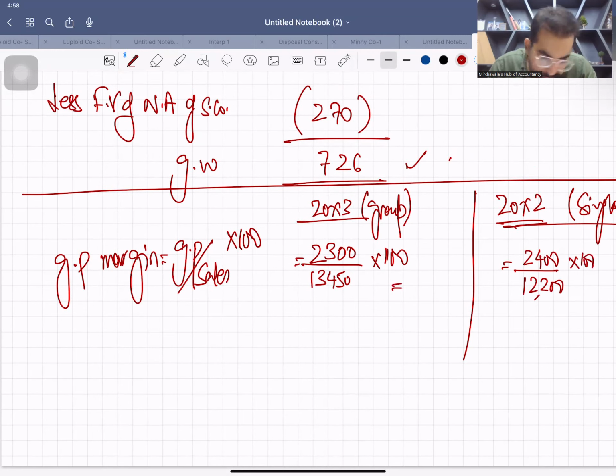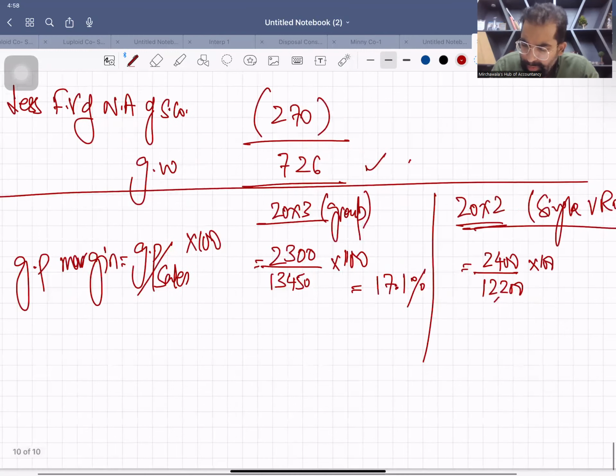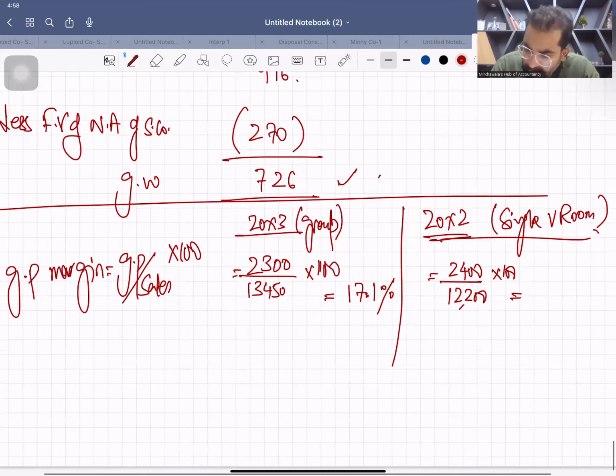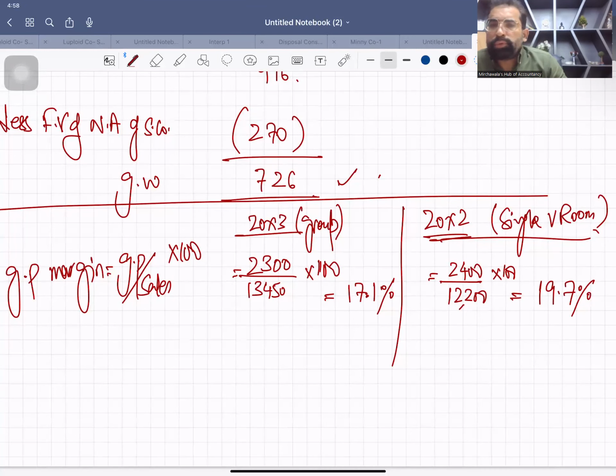The number here is 17.1%. GP margin is a very ready-made ratio. And this one is 19.7. See, your GP margin is going down from X2 to X3. But it was written that the parent company has successfully launched the after sales service, and that after sales service is extremely profitable, so the margin should go up.